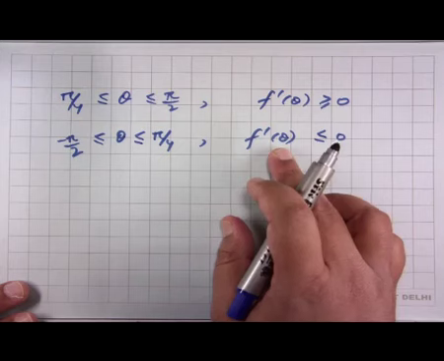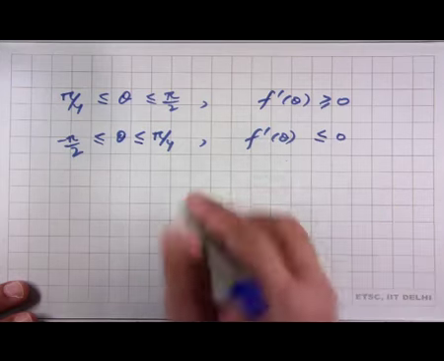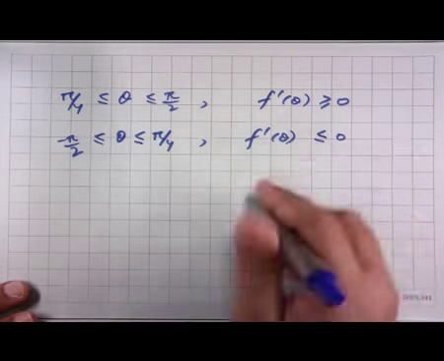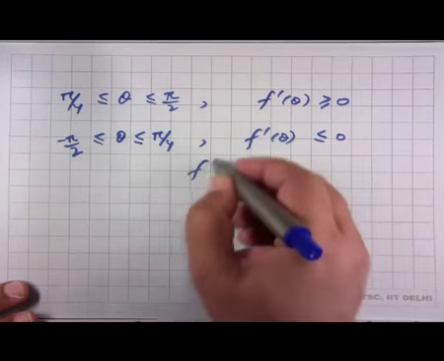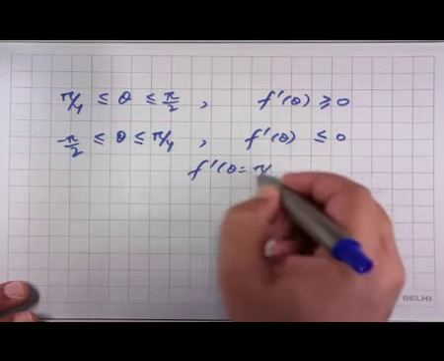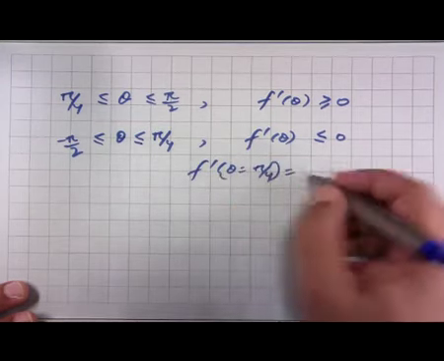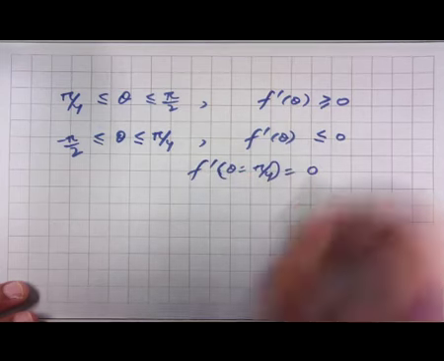And of course, we know that at theta equal to pi by 4, the derivative is equal to 0.